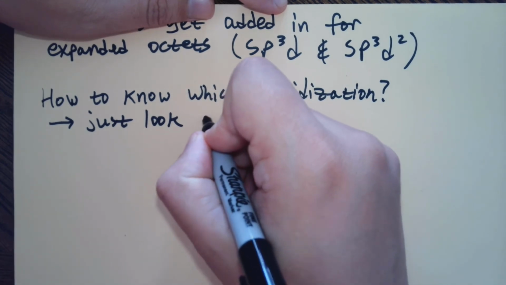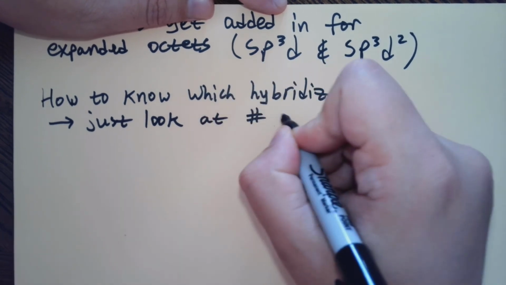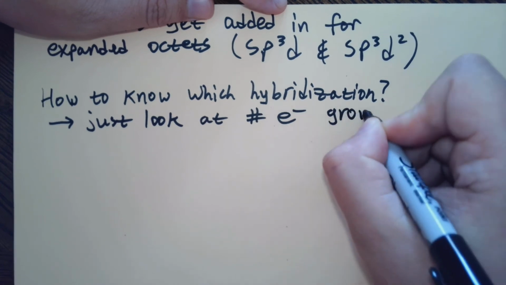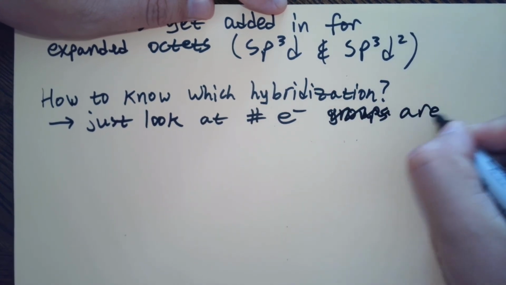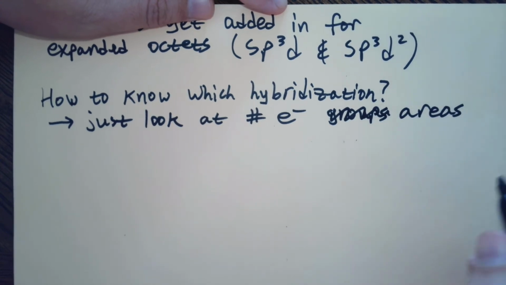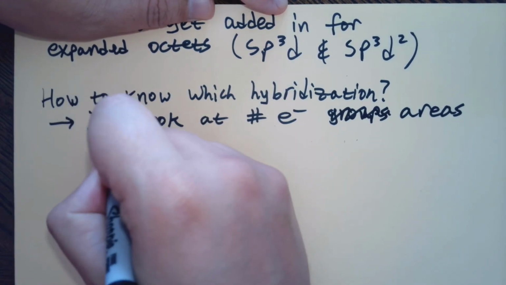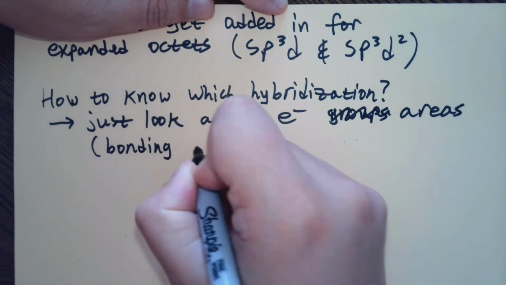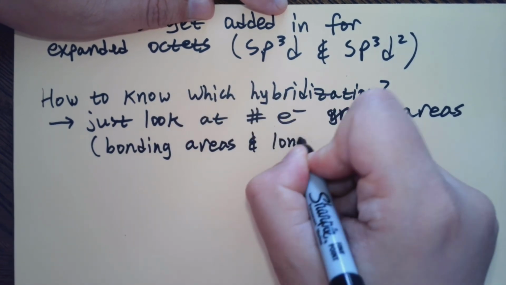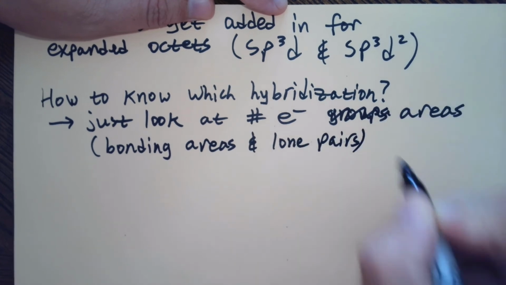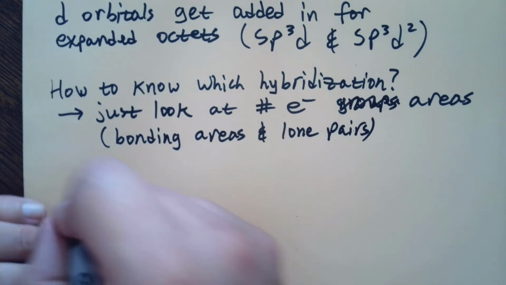You just look at the number of electron groups, or not groups, areas, that's a better word for it. You just look at the total number of bonding areas and lone pairs.